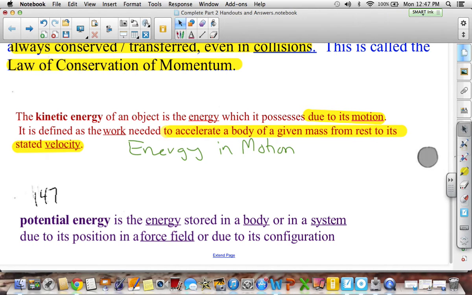Kinetic energy uses stored potential energy. As we turn potential energy into kinetic energy, energy that is at rest gets turned into motion. We can see that as an example: you can hold a ball above your head and drop it.